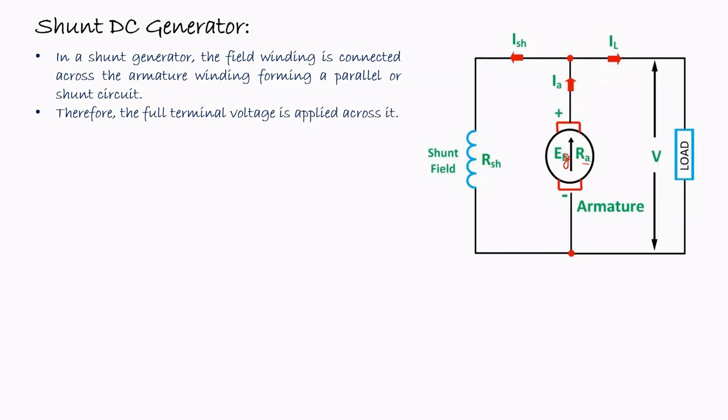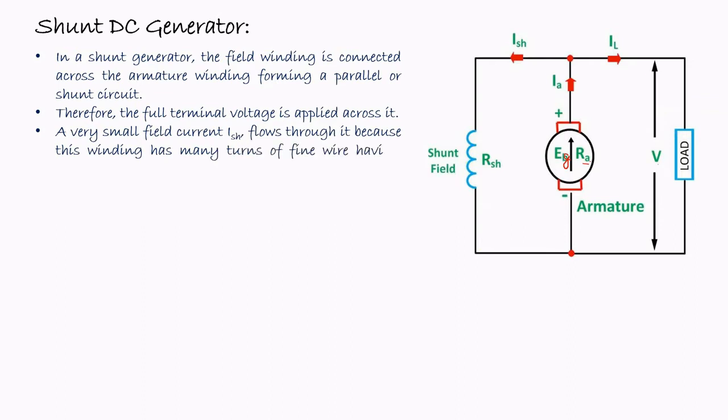So here the full terminal voltage is applied across the load. As you can see, the load, armature, and field all are connected in parallel. Therefore, the voltage across the load will also be applicable across the field winding. A very small field current Ish should flow through it because this winding has a very high number of turns of fine wire having very high resistance.